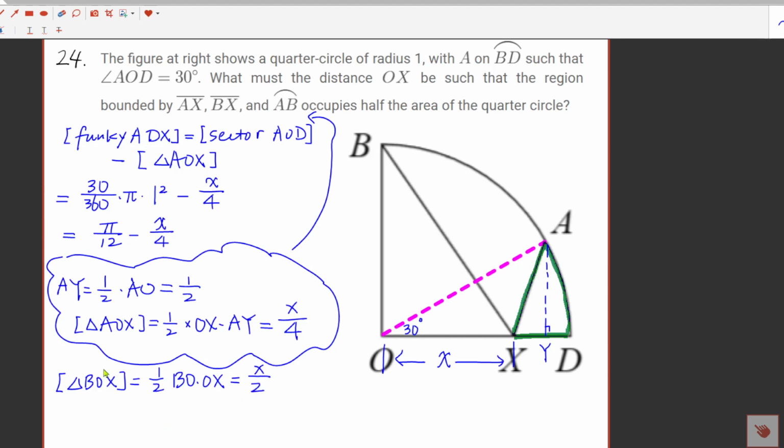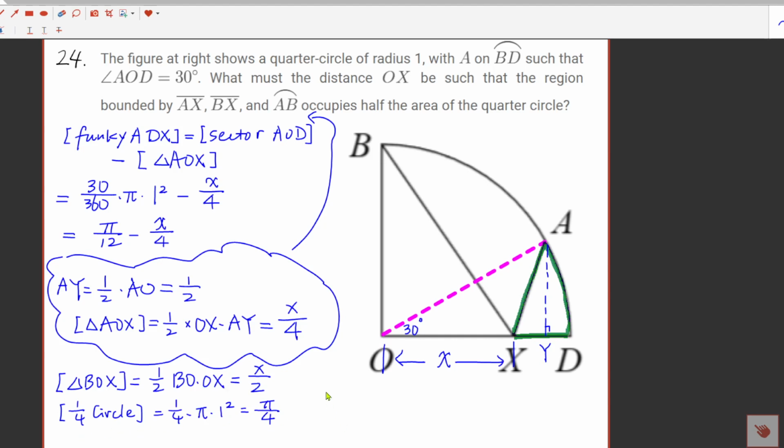And the area of the quarter circle is 1/4 of pi r squared, which is just pi over 4, right?